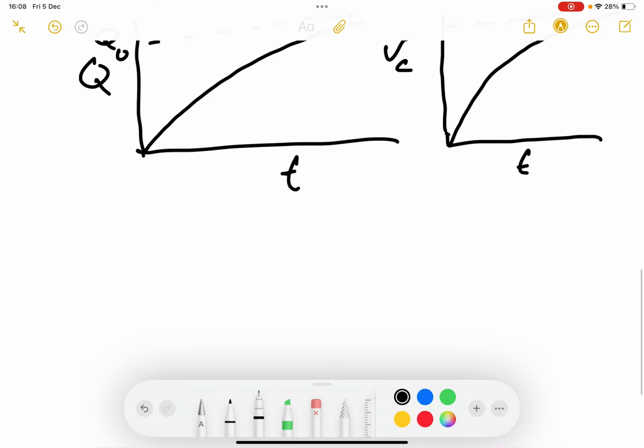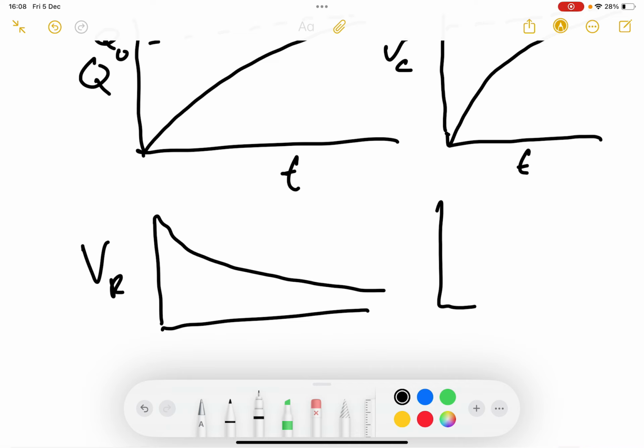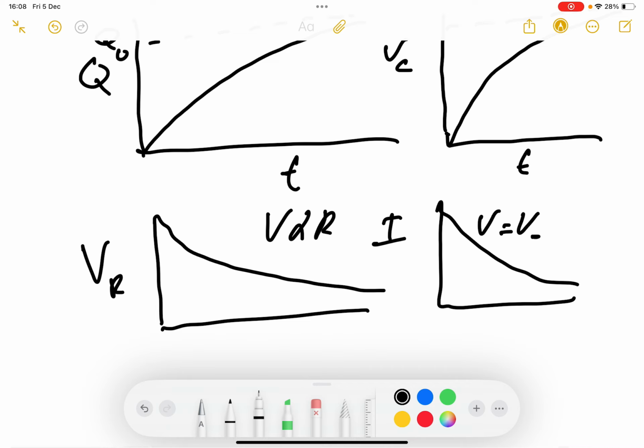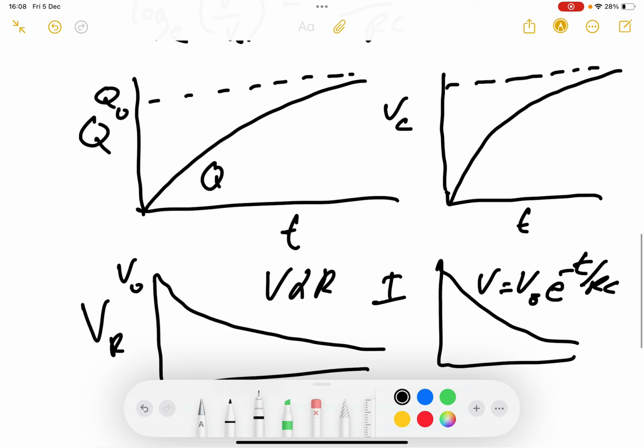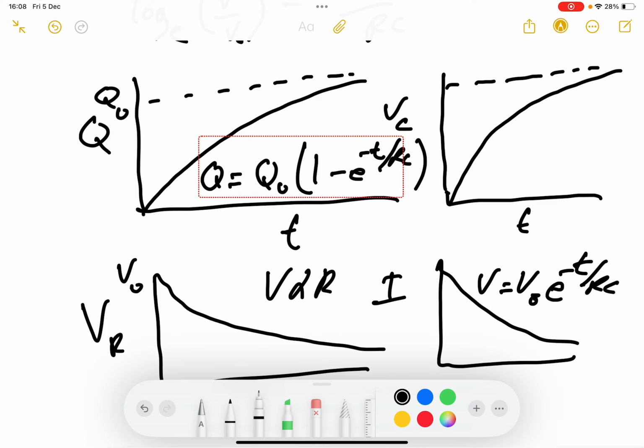And then the two that fall exponentially with time are the voltage across the resistor in the circuit and the current in the circuit, because V is proportional to I. So these are both V or I equals V naught e to the minus t over RC, whereas the other two have the equation Q equals Q naught (1 minus e to the minus t over RC), and V equals V naught (1 minus e to the minus t over RC).